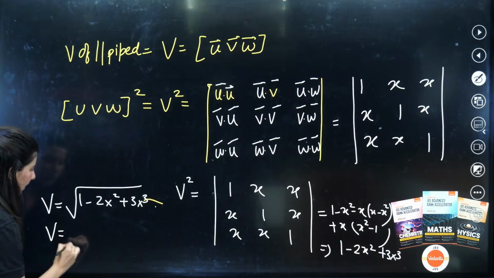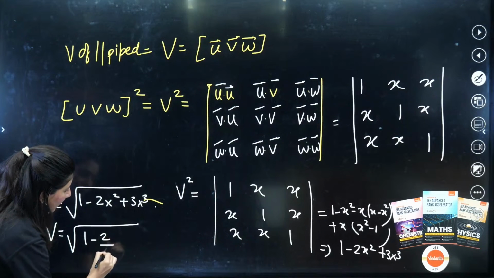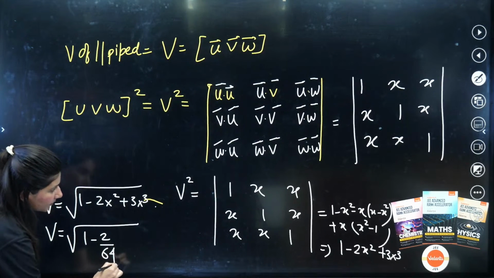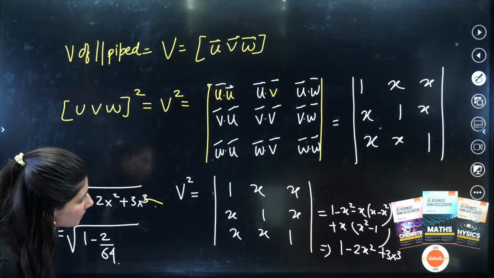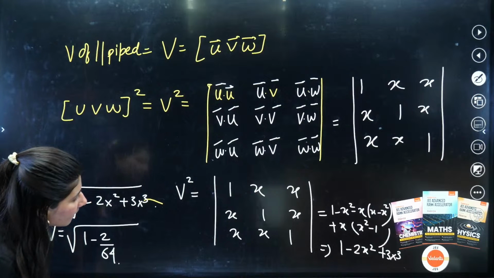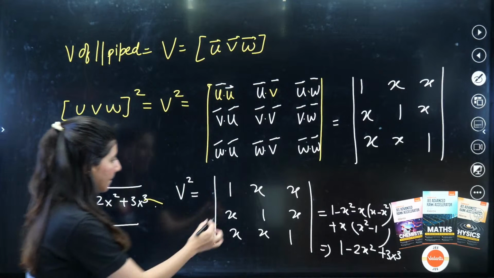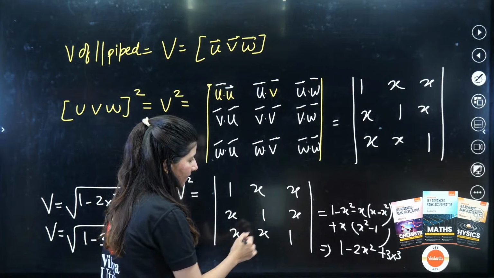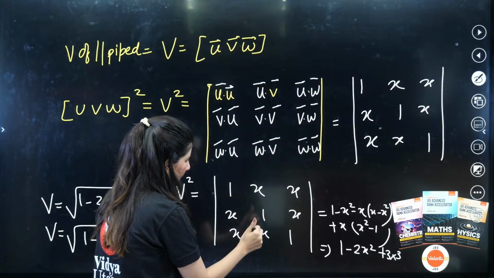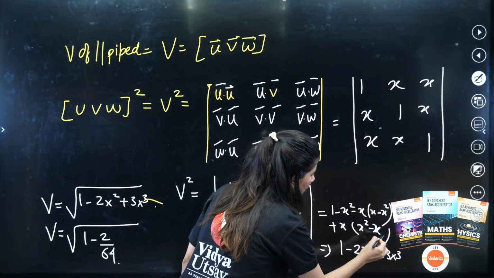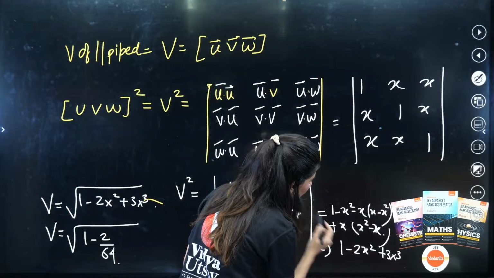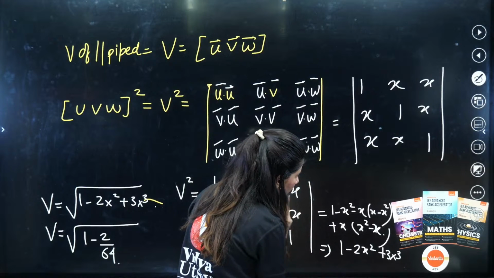Now put the value of x. So 1 minus 2 by 64. Sorry, this is minus x, okay. So x cube, and x cube is this, minus x square.